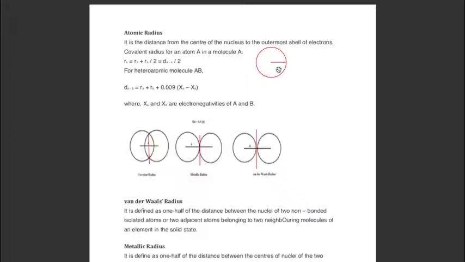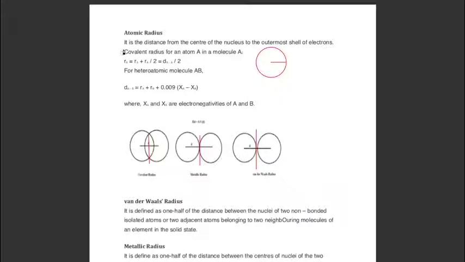In noble gases, one atom is a molecule itself, and in the solid state different molecules have van der Waals force of attraction between them. So according to these types of forces between atoms, radii can be classified in many categories. Let us discuss every type of radius one by one.